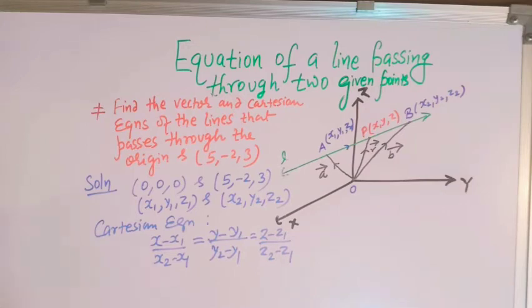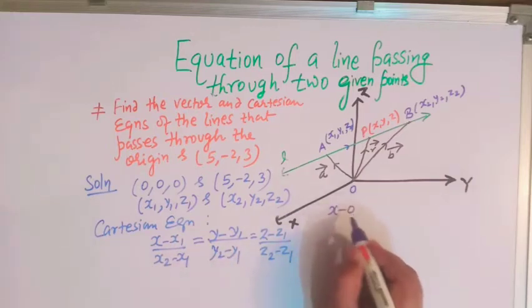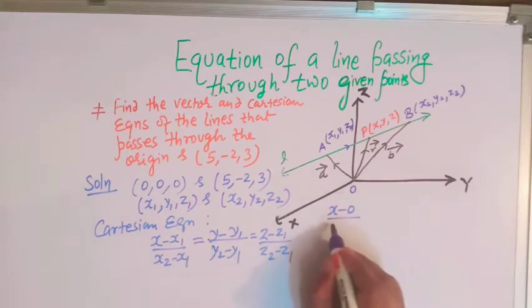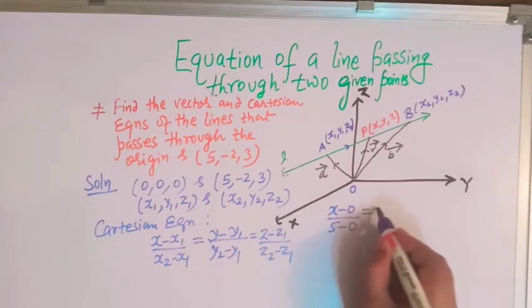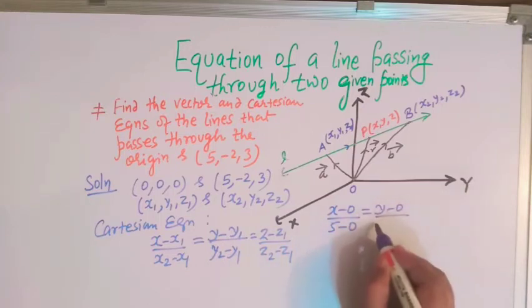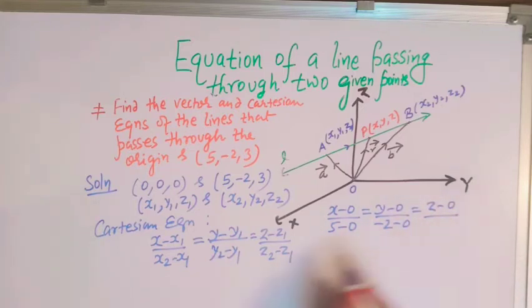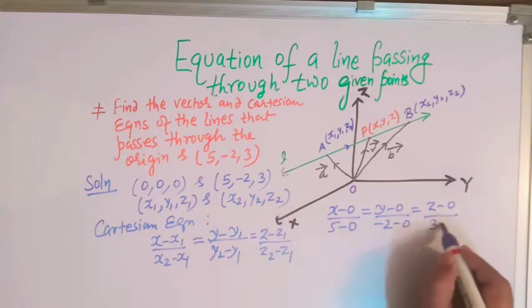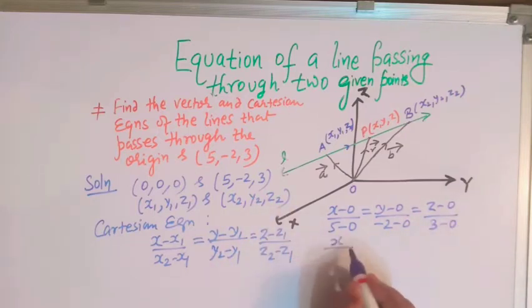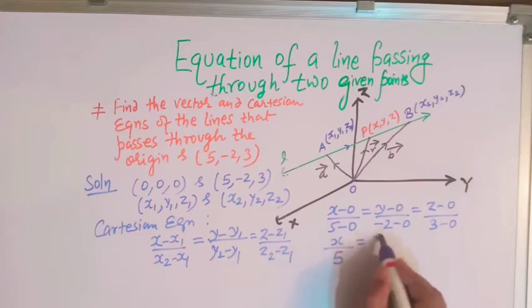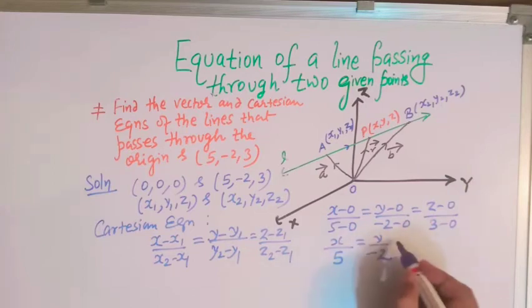Now if we substitute these values here, we get (x minus 0) divided by (5 minus 0), then we have (y minus 0) over (minus 2 minus 0), and (z minus 0) divided by (3 minus 0), which can be written as x over 5, y over minus 2, and z over 3.